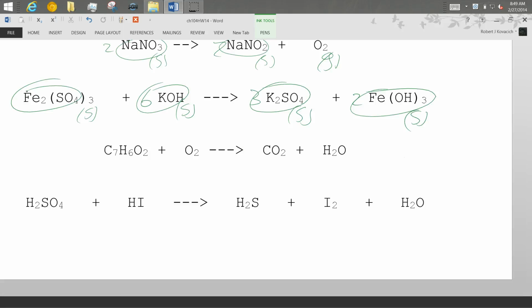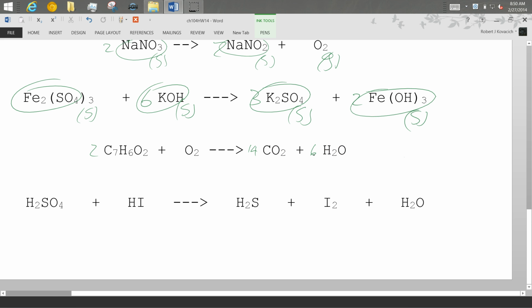C7. So I put a 7 in front of the carbon dioxide. I put a 3 in front of the water molecule, and the C's and O's are balanced. That's probably going to be bad. Looks like I can't get the oxygens to balance themselves out, so I'll put a 2 here. And so then I'll put a 14 here, and then I'll put a 6 here.